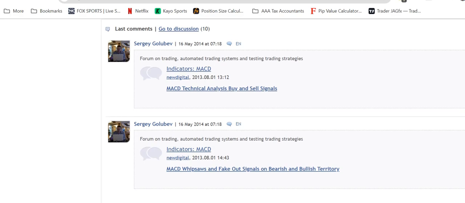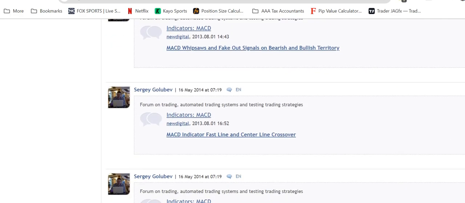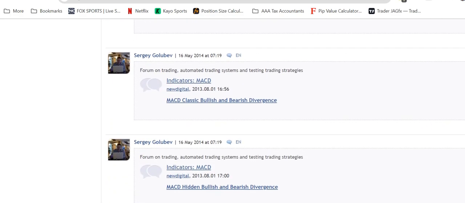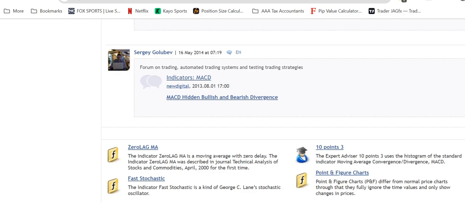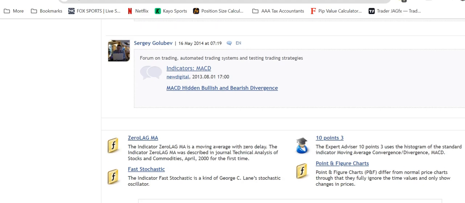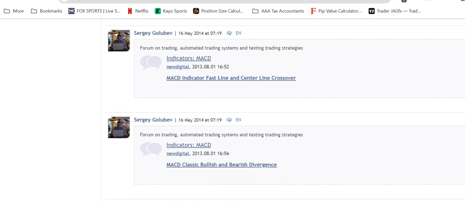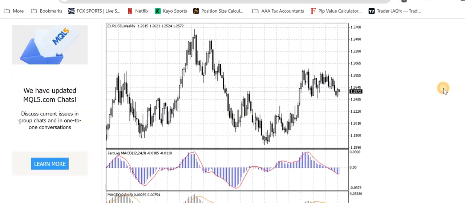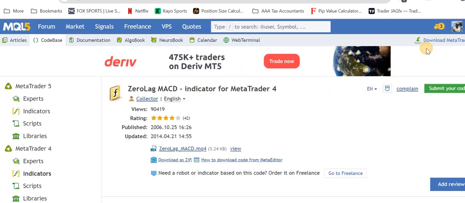Gives you other links on indicators, etc. You can go down that rabbit hole if you want. You can read about it. Yeah, there's other zero lag MACD. It's a great site, this MQL5. So that's for the zero lag MACD. And as I said, it hurts my head, the maths. So don't ask me any super technical questions about this video. Do your own research because I'm giving you all the information that I know.